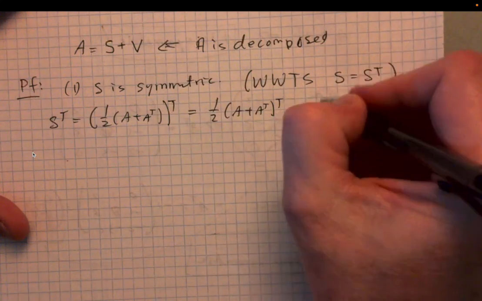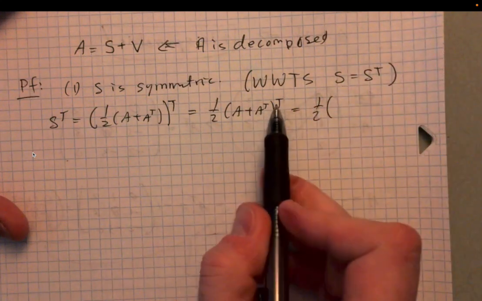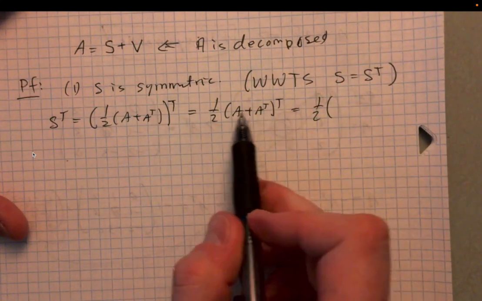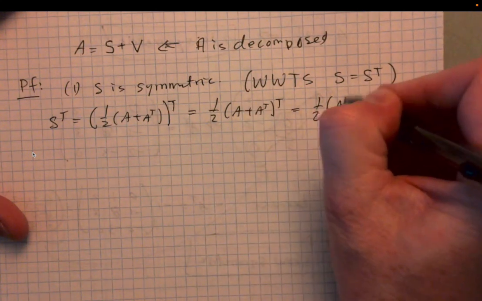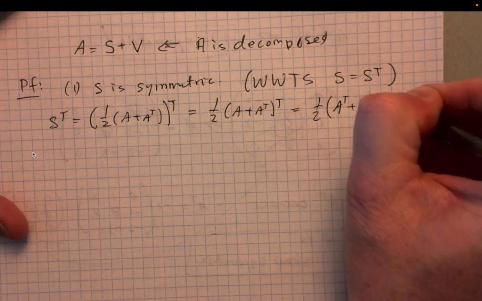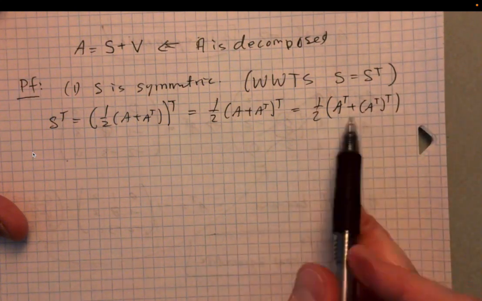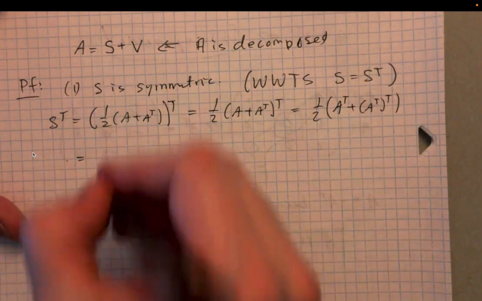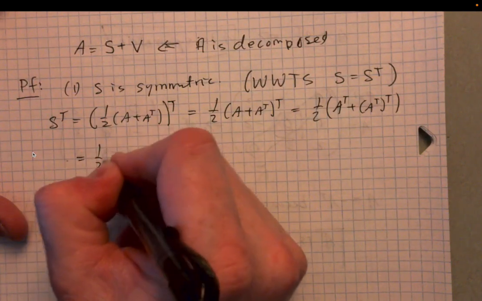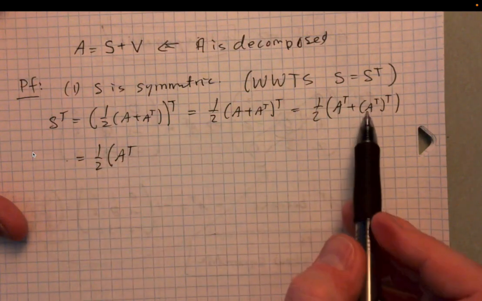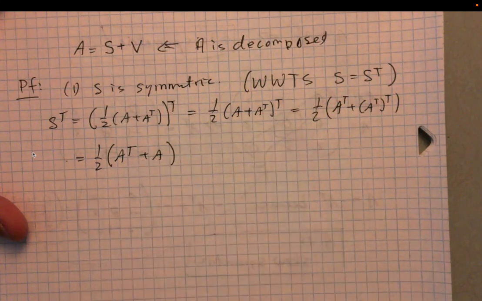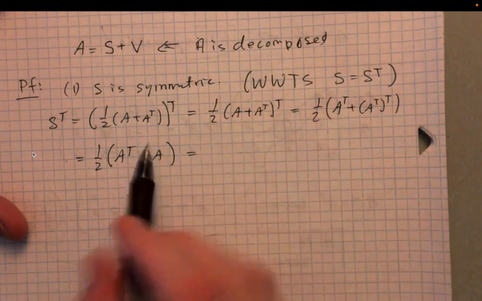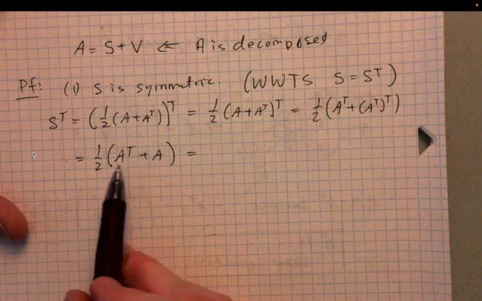So that means we've got 1/2. Now remember, if you have a sum of two matrices and you're transposing the sum, you can bring the transpose in. So it'll be A transpose plus A transpose transpose. And so that means you've got 1/2 (A transpose plus...). And what's the transpose of a transpose? Just the original. And we know that matrix addition commutes.